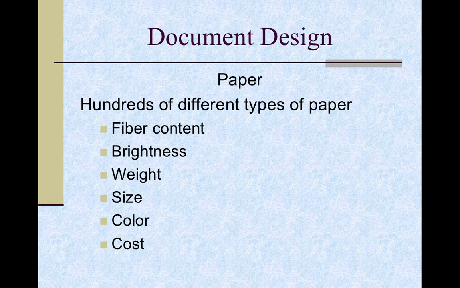Paper comes in lots of different colors, and of course, different papers cost different amounts of money. The fact of the matter is, all of these considerations will affect the kind of paper you buy. And again, if you're working for a business, they might have already purchased paper and you just use the paper that they provide for you.